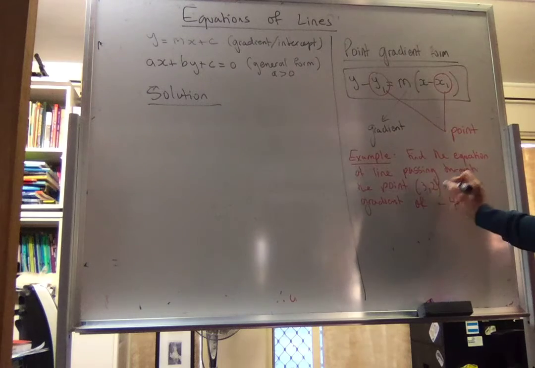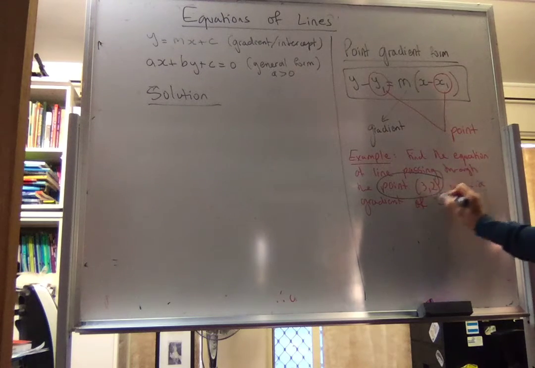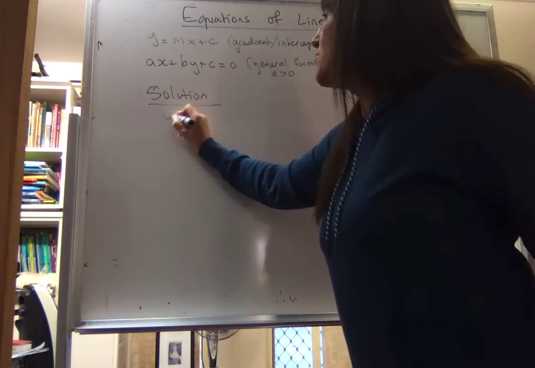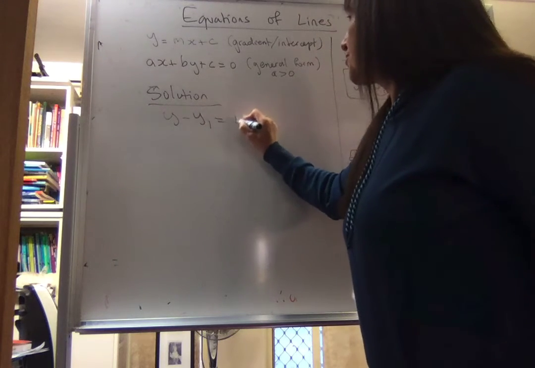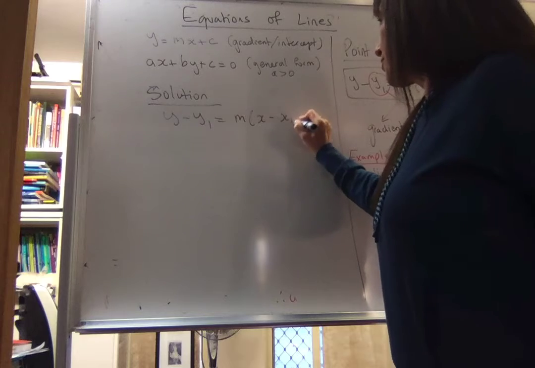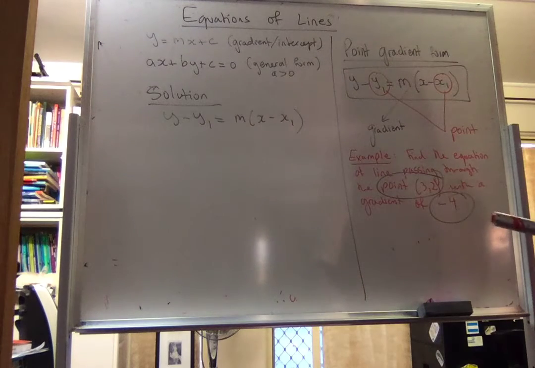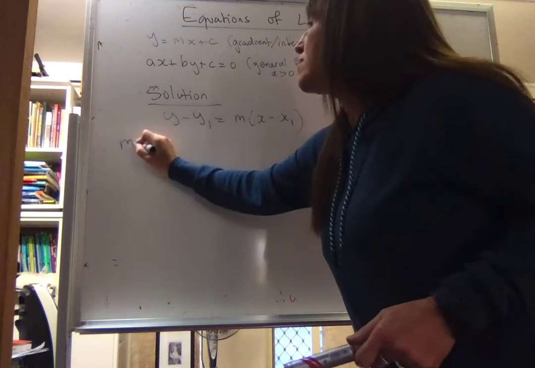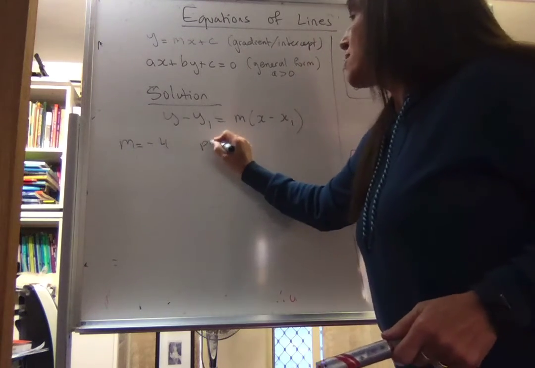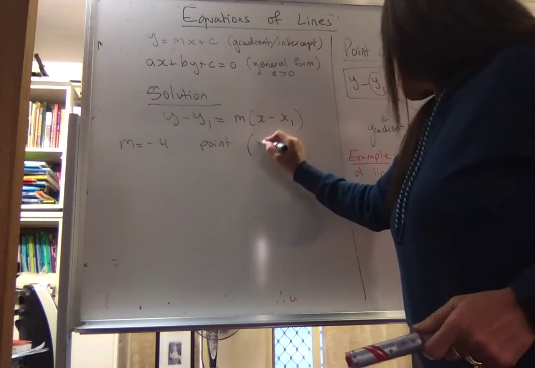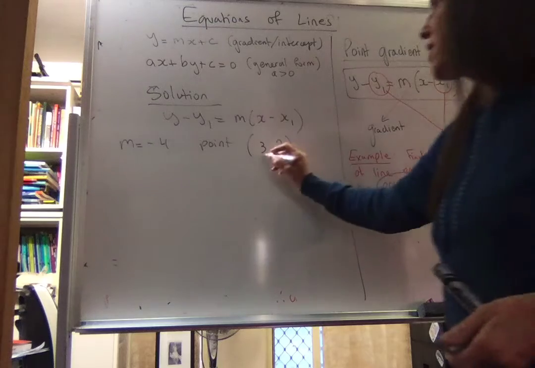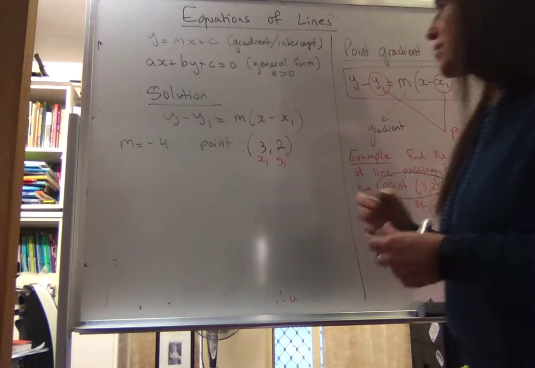Do I have a point? Yes. Do I have a gradient? Yes. I've got all the information I need. So using the formula, all right, let's sub everything in. All right, that y remains. So I have the gradient is -4, and the point we said was 3, 2. So this is my x1, y1.